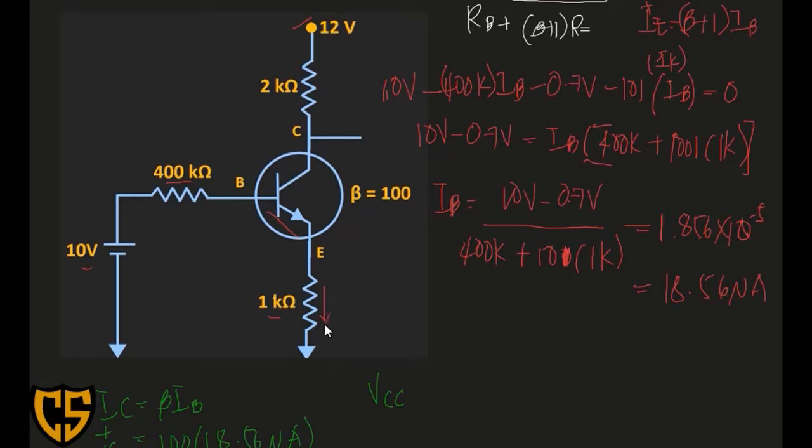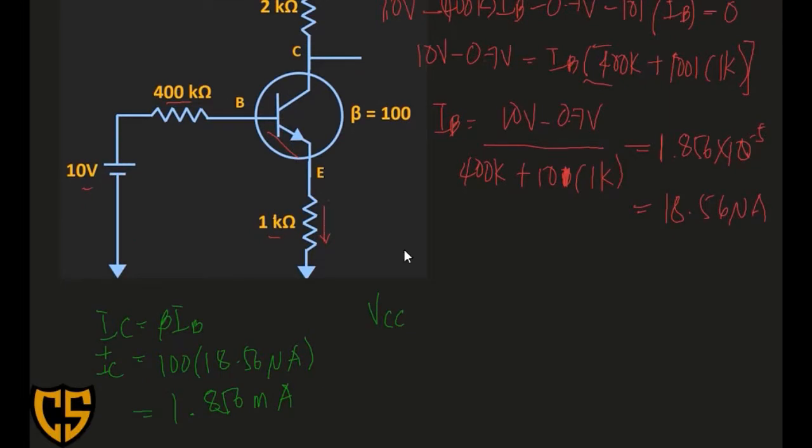So amo naton consideration diri. So we will have VCC minus IC RC minus VCE minus IC RE is equal to 0.